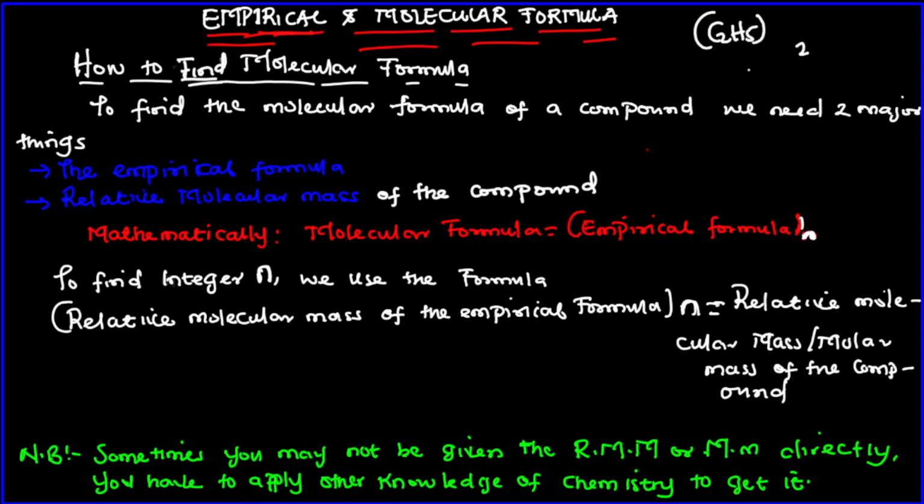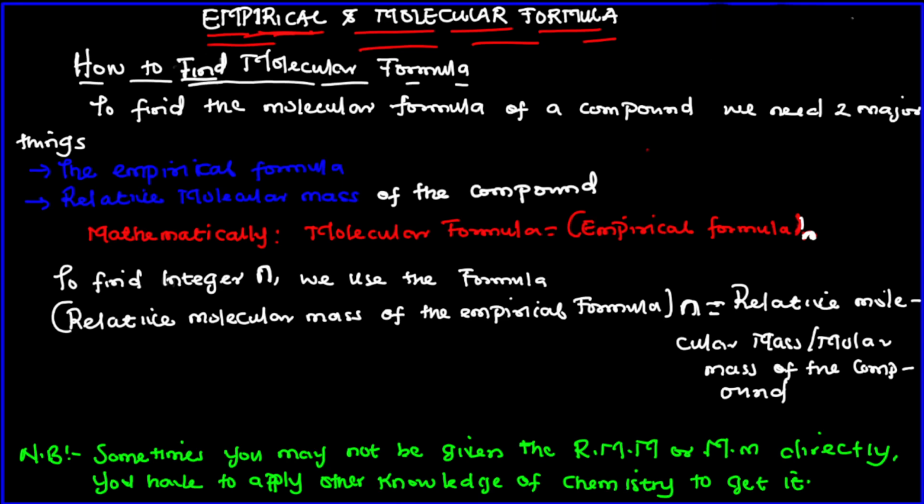So what we do is that we multiply the subscript of this C2H5 by 2. So we have C4H10. So this becomes the molecular formula. That's how I wrote it here. That molecular formula equals empirical formula times this integer as a subscript. I hope this is clear.